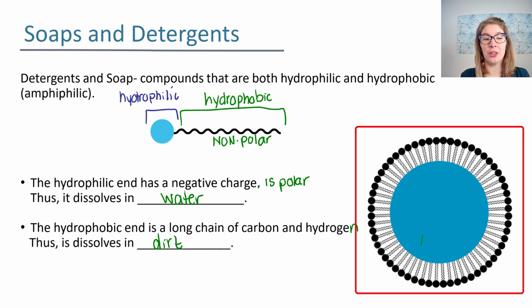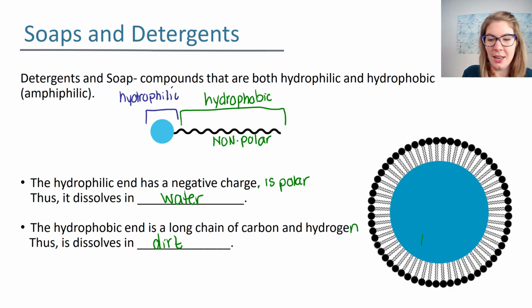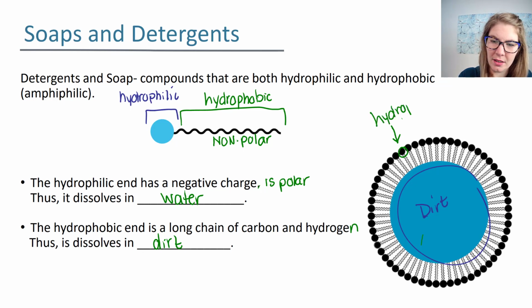And this is the picture of what happens. And the picture could be better now that I'm looking at it, where this is meant to be the piece of dirt, and this is meant to be your hydrophilic end. Over here, these little squiggly lines, that's your hydrophobic end.